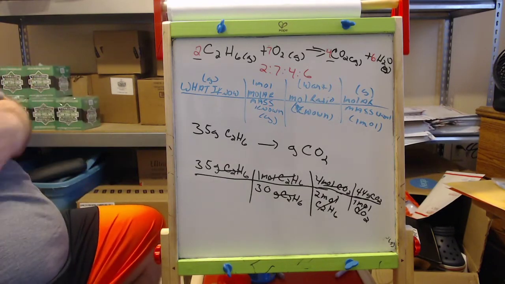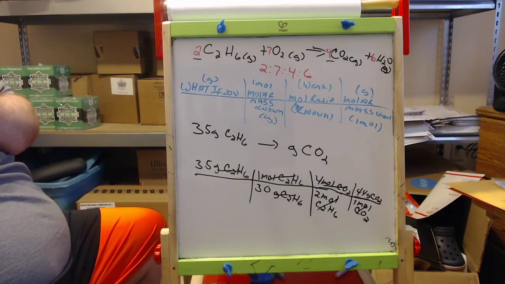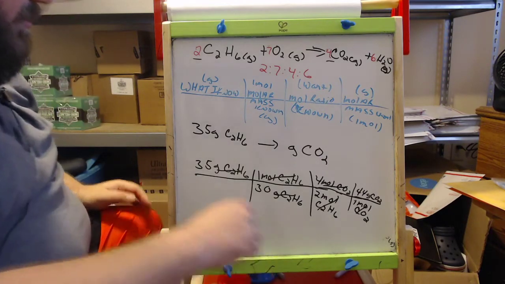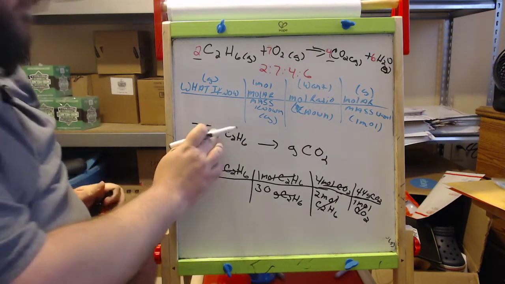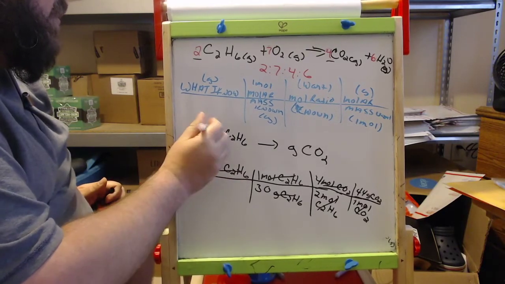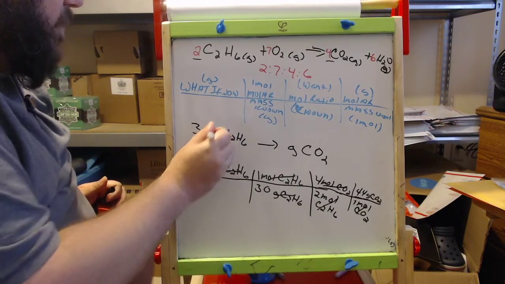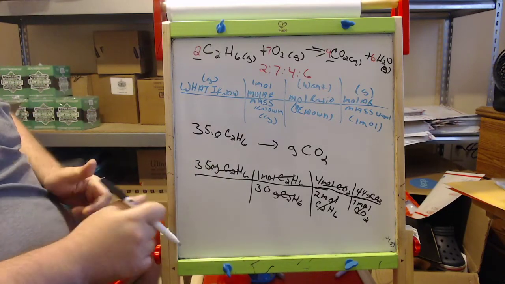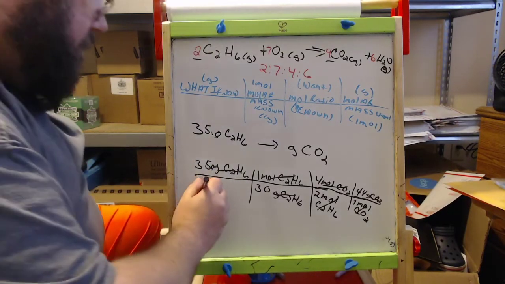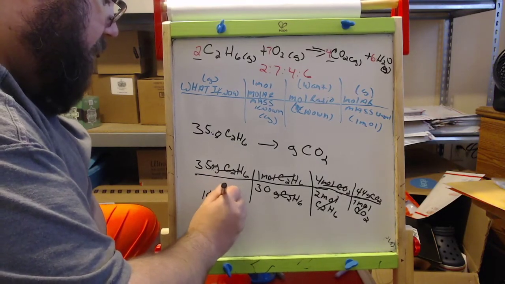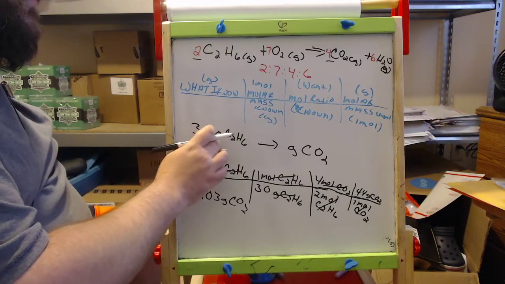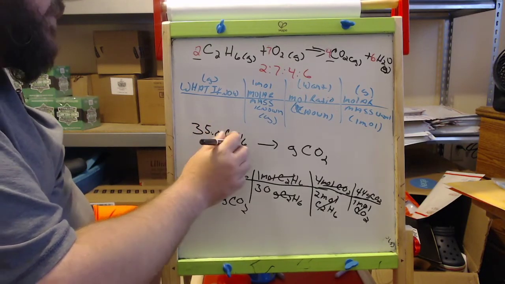So we need it to 2 sig figs. Well, let's make it 3 sig figs just so we can make it 102. Instead of doing scientific notation, we'll do 35.0, and we can do 3 sig figs because I made it up. 103, roughly. 103 grams of CO2 is what I should get out if I react 35 grams of C2H6.